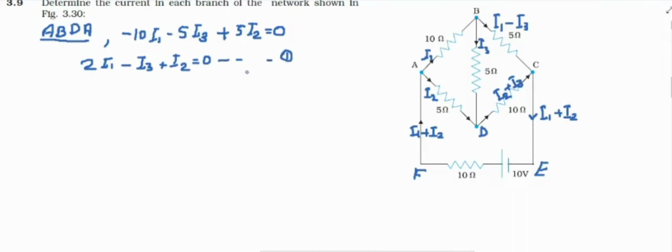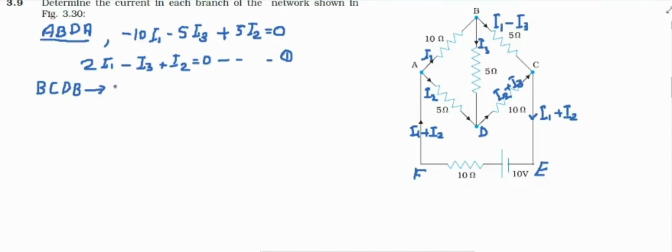Next, take the loop B, C, D, B. Then write the loop equation.